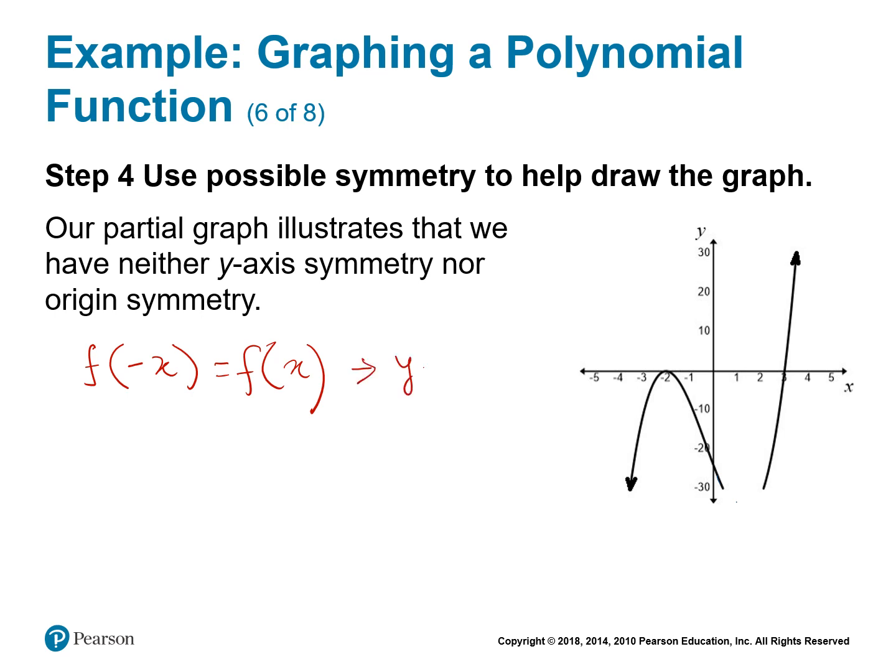If f of negative x equals negative f of x, then it's symmetry about the origin. When we check on that, we see that it's neither symmetrical about the y-axis nor about the origin.